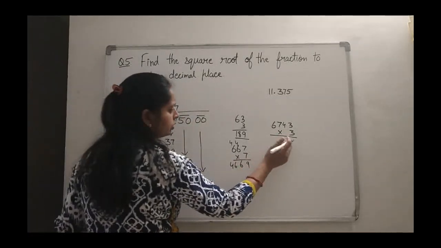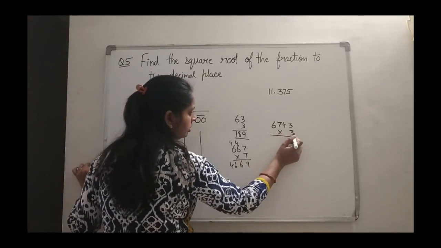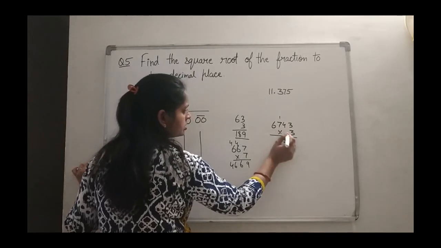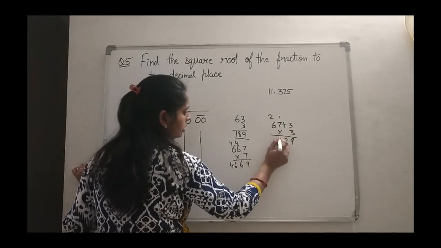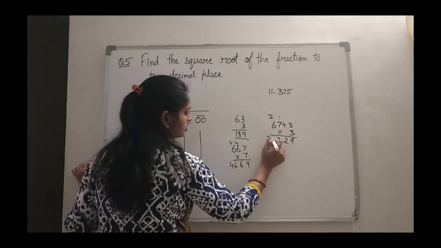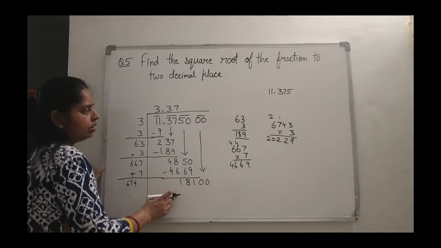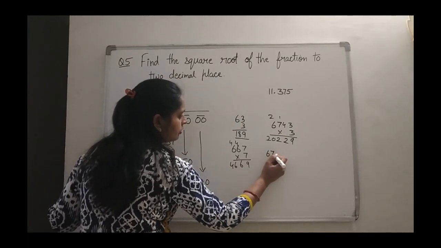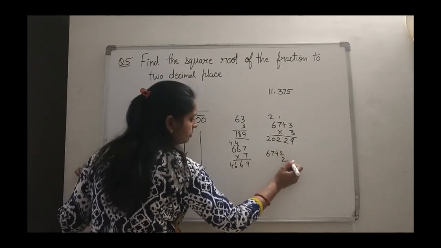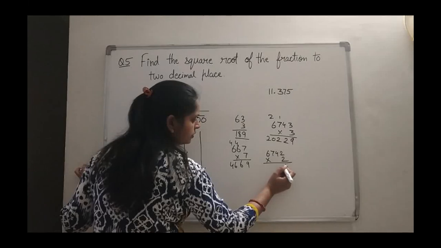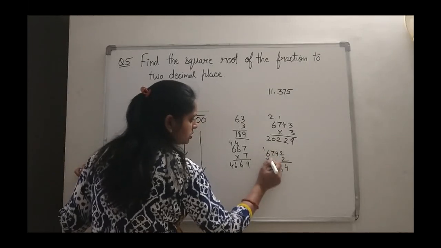Let's see whether 3 is going or not. 3 3s is 9. 3 4s is 12. 7 3s are 21 plus 1, 22. 6 3s are 18 plus 2, 20. It is greater, so obviously we have to go for 2. So 6, 7, 4, 2. Again multiply by 2. 2 2s is 4. 4 2s are 8. 7 2s is 14.